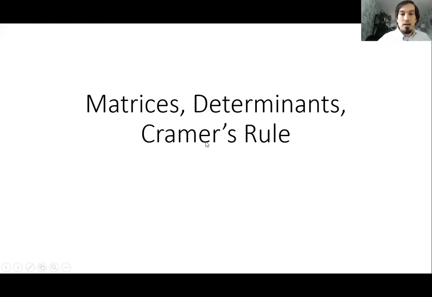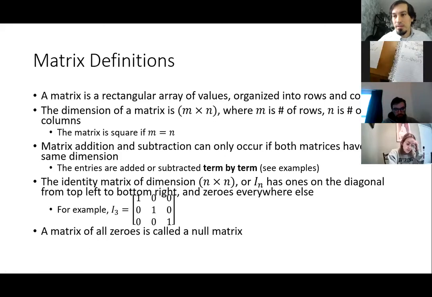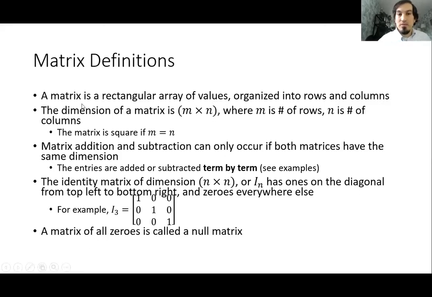Okay. Let me just define for you what a matrix is, after all. It's a rectangular array of values. Array means not just one value, but a bunch of values organized in a rectangle. In fact, it's organized into rows and columns, and we call that the dimension of a matrix, m by n.